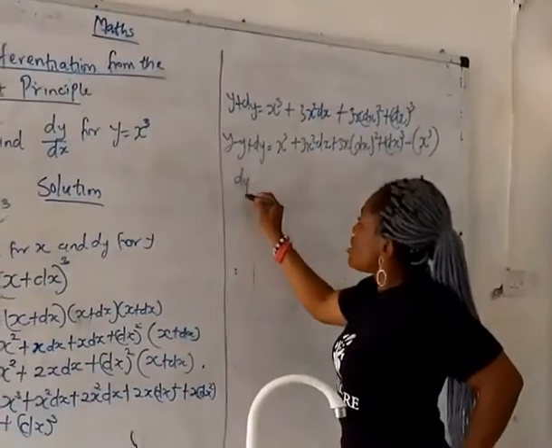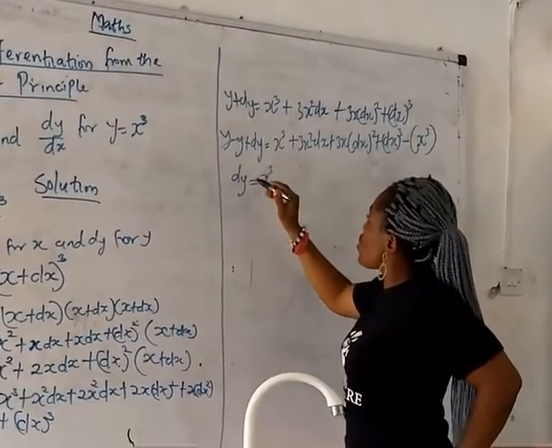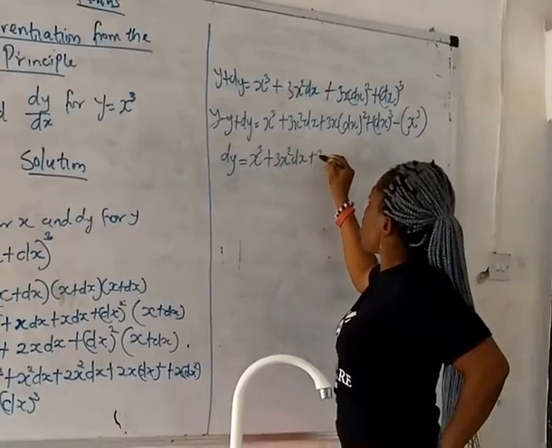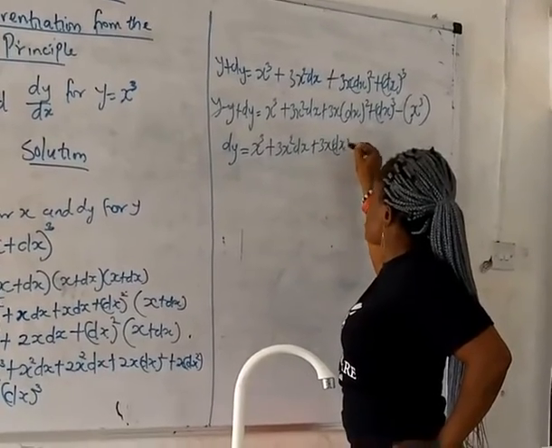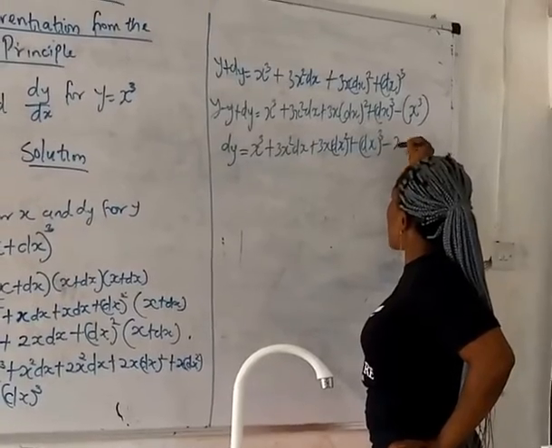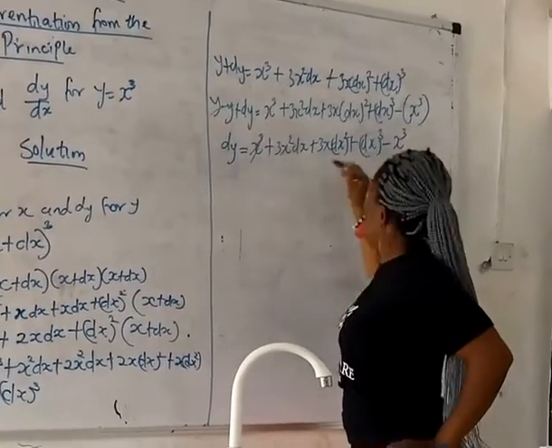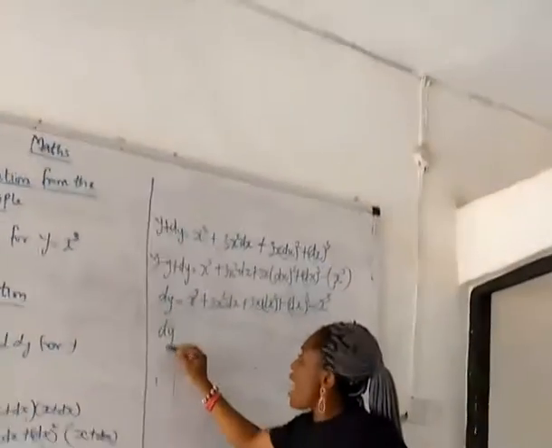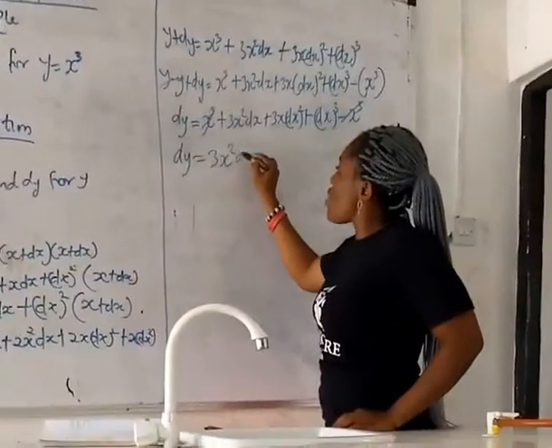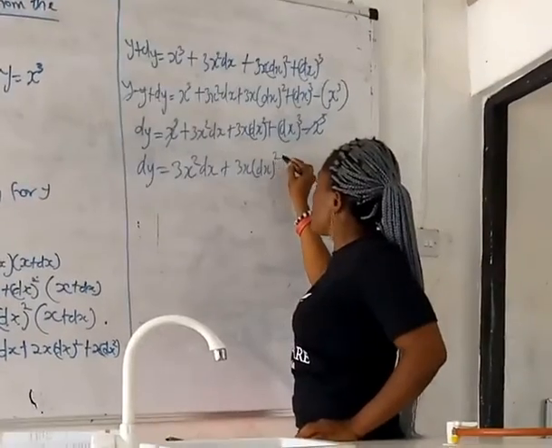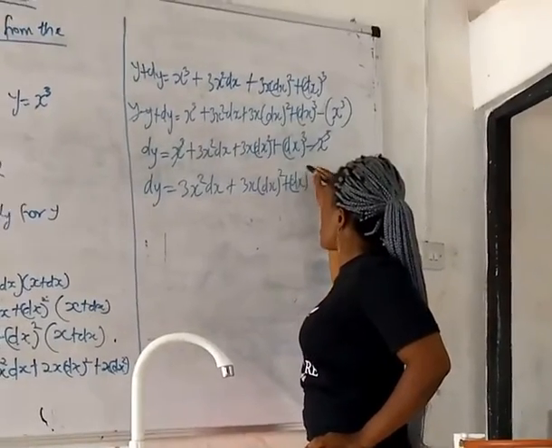We are having dy is equal to x cubed plus 3x squared dx plus 3x dx squared plus dx cubed minus x cubed. So x cubed minus x cubed gives you 0. So you're having dy is equal to 3x squared dx plus 3x dx squared plus dx cubed.